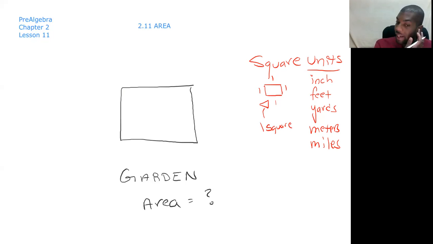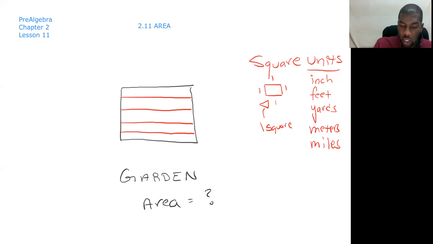And the question is really, for area, how many of these little squares would it take to fill, well, if I drew each square more accurately, or more evenly, how many one square units would it take to fill the entirety of this garden? So you got to imagine every single square is the exact same length, right? What that means is this is 1, this is 1, this is 1, this is 1, this is 1.